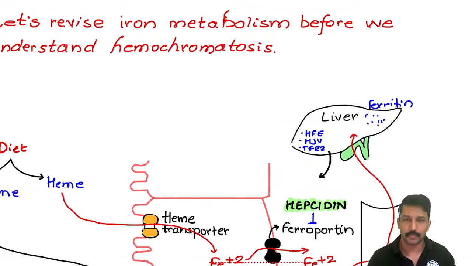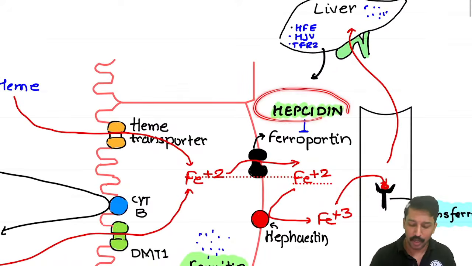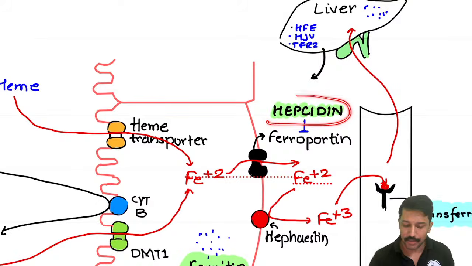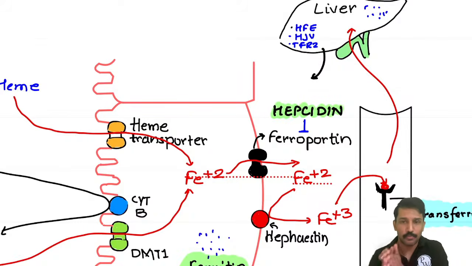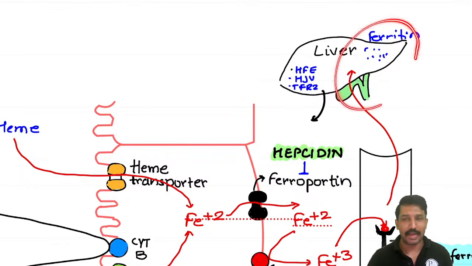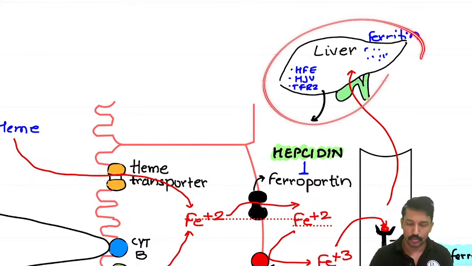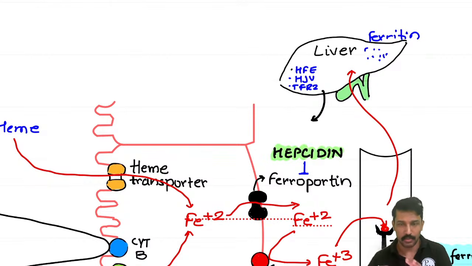The mutations primarily result in impaired production or action of hepcidin, and because of this, we will not be able to control the absorption of iron from the intestines into the blood. This uncontrolled iron absorption leads to excess iron content in the body. Liver is the most commonly affected organ, but it's a multi-organ disease. Other organs will also be eventually affected.